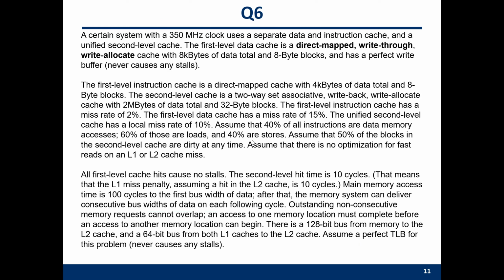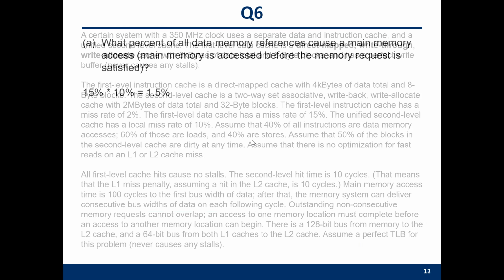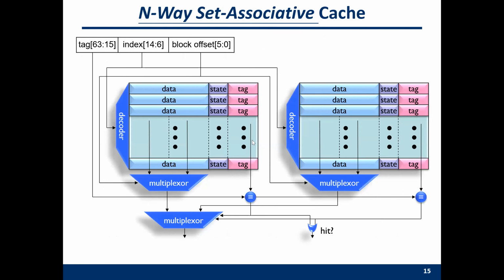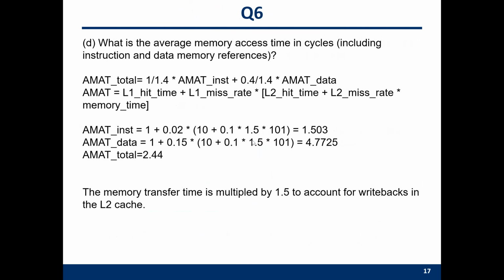In this 40%, 60% are reads, are loads, and 40% are writes. And this question asks you to compute the average memory access latency, including the instruction part and the data part.